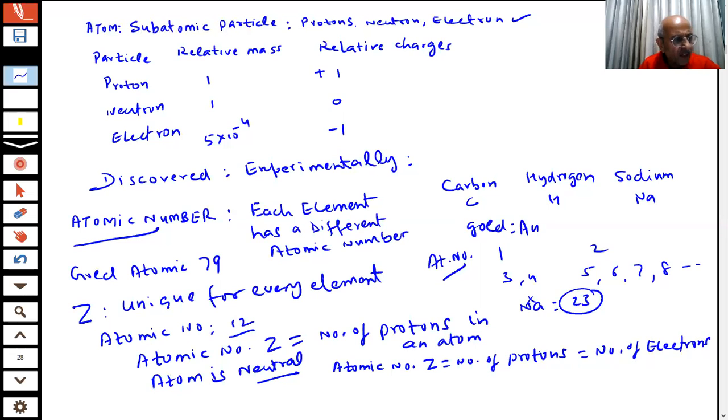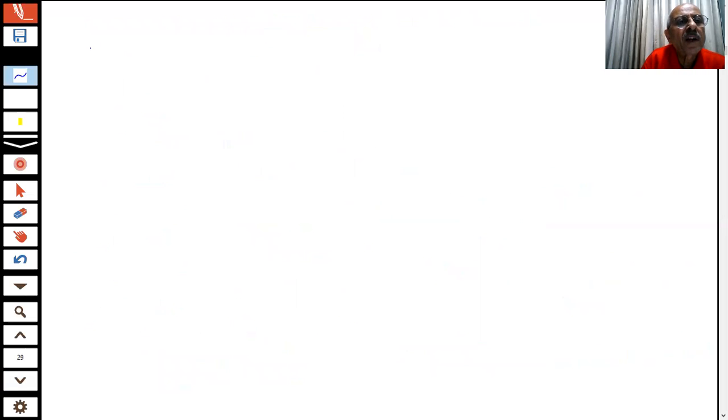Okay, so we can say that atomic number can be defined in terms of protons mainly, but why don't we say atomic number will always be equal to the number of electrons? Why? Because, students, in the model of the atom, this is a nucleus, and you have shells in which there are electrons.